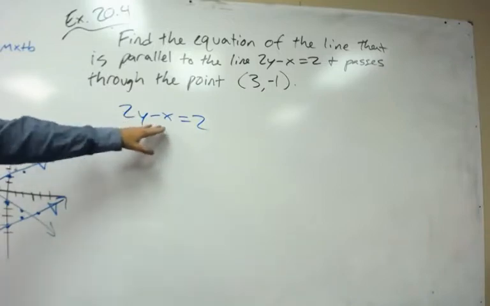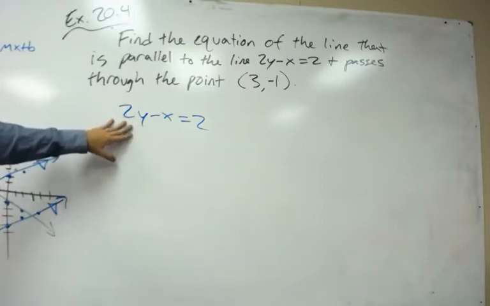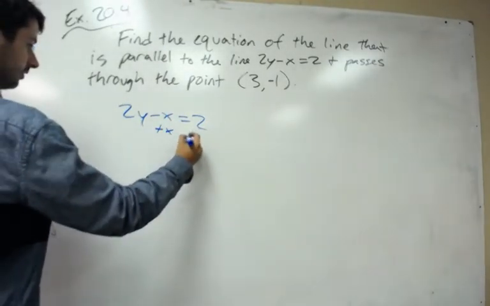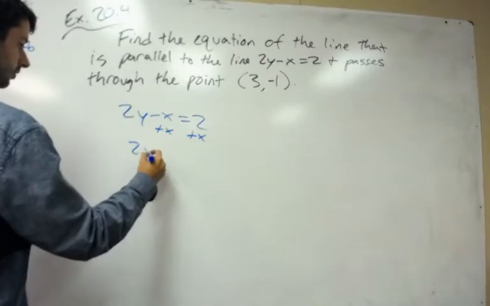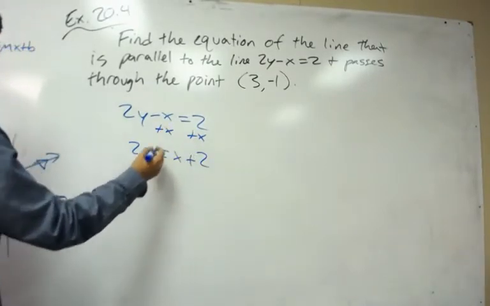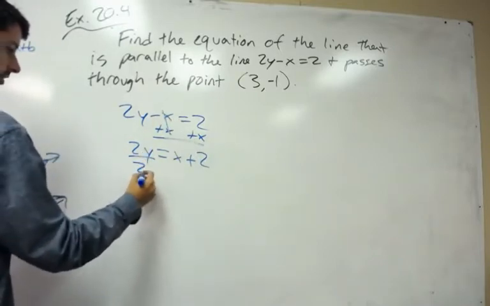Well, it just gave us an equation, and what we need to do, in all these equations, you always want to solve for y first, isolate y. So let's go ahead and do that. Add the x. 2y equals x plus 2. Divide by 2.